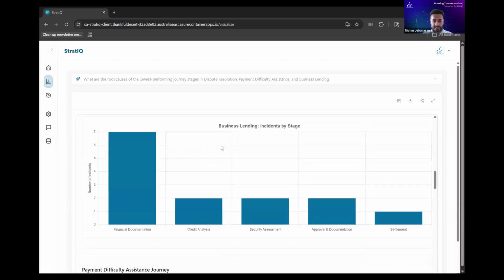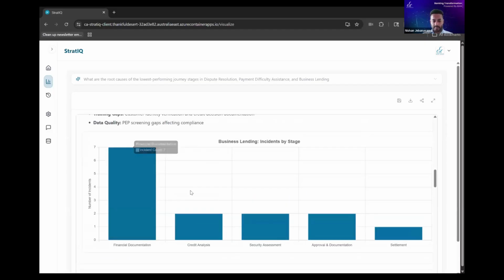And so it's able to break that down into a more actionable breakdown that allows you to focus on what you need to fix. So in business lending, financial documentation by far and away has the highest number of incidents. The others, sure, there are some other challenges, but as the chief product officer, if I just want to fix my biggest burning platform, I would go for the financial documentation stage.